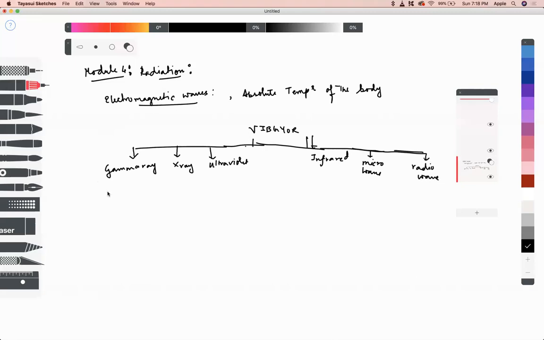So here we have the highest frequency, lowest wavelength, so more penetrating power.